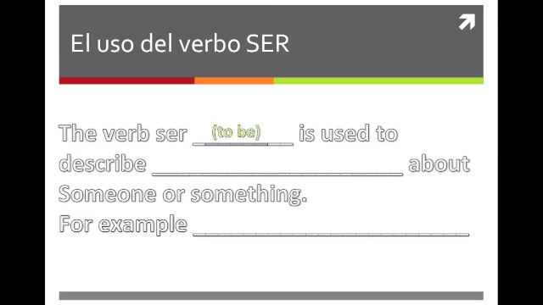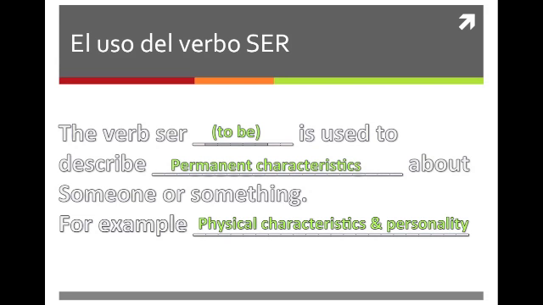The verb ser, which means to be, is used to describe permanent characteristics about someone or something. So pretty much anything that doesn't change, okay? For example, physical characteristics.